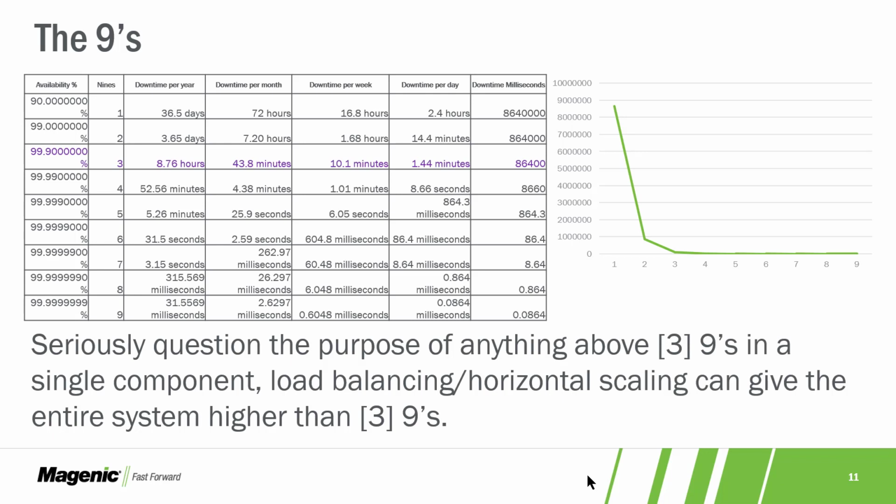Likewise, it's very hard to understand how the individual parts of your application will perform unless you understand the nines. And here's a table of the nines, and in fact, there's a pretty good article on this in Wikipedia.